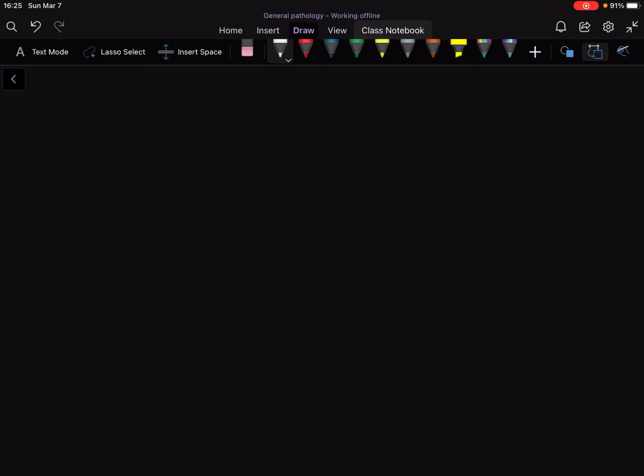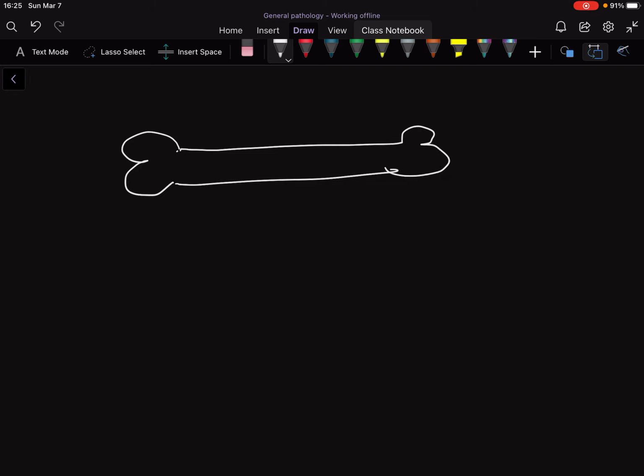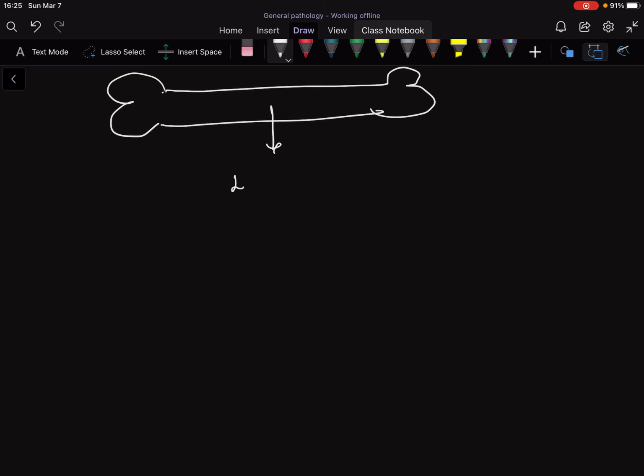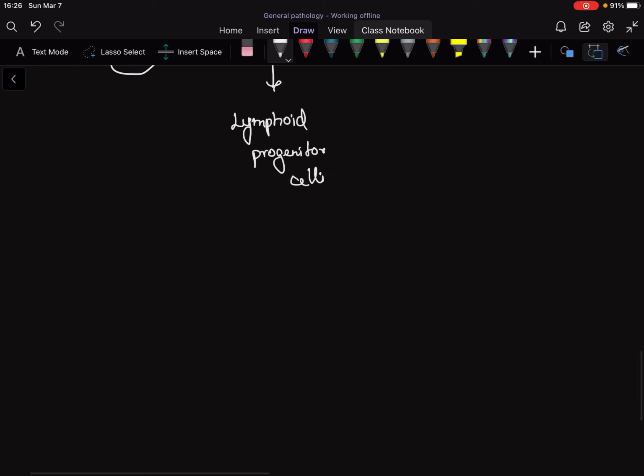how these lymphocytes mature. So suppose this is the bone marrow. In this bone marrow there are cells called lymphoid progenitor cells, since lymphocytes come from lymphoid progenitor cells, and these lymphoid progenitor cells are immature.